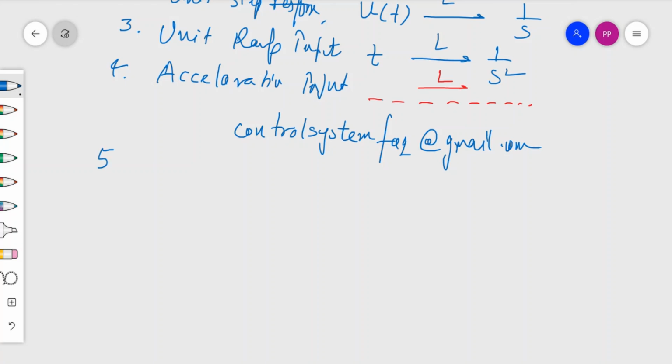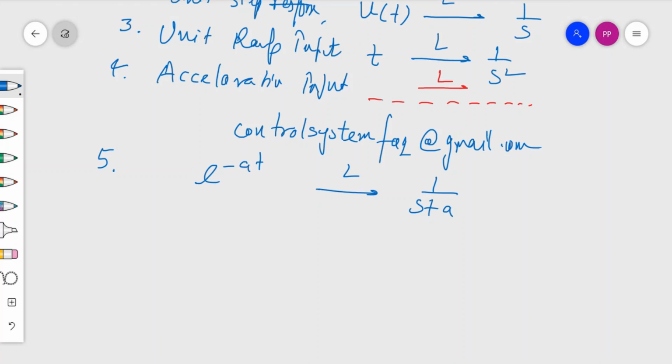The next one is the exponential function, e to the power minus at. Its Laplace transform is 1 by s plus a.